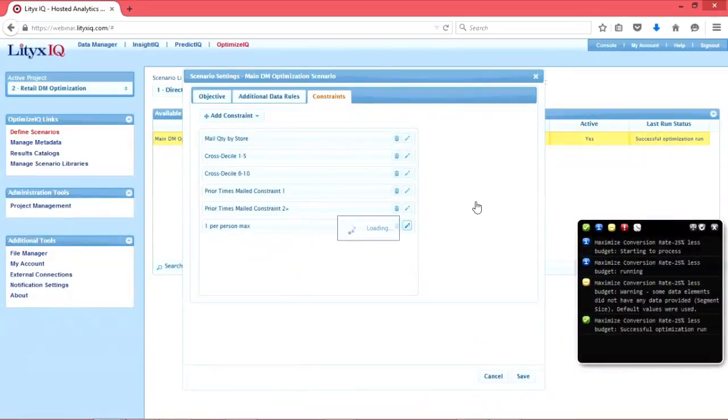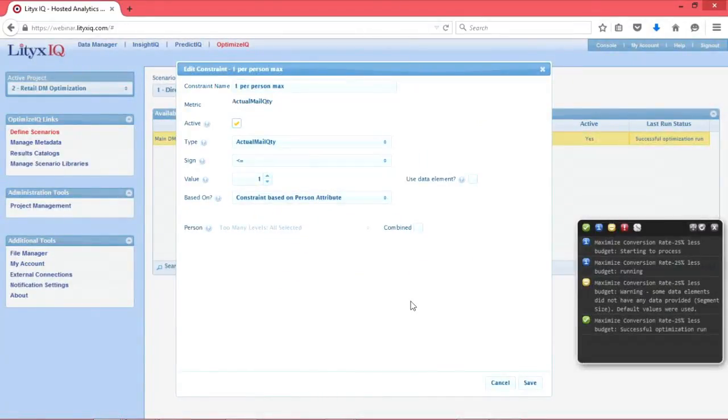And the last constraint here is one that can really turn this into an extremely complex problem from a mathematical standpoint, and that is the assurance that we don't contact a single individual more than once in this mail plan.